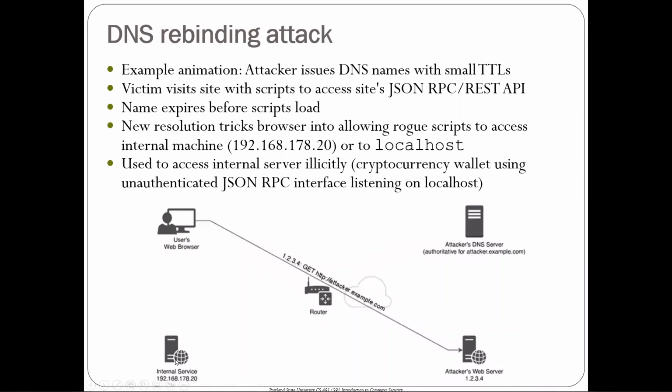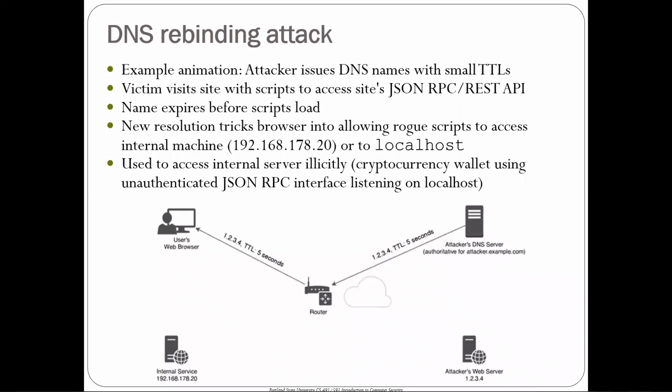This internal service could be a server listening on localhost. Remember when we said your localhost listening is meant for things that you don't want public people to access? If you do this rebinding attack, the browser is thinking it's going externally, but it's actually connecting to a local service, and you're revealing what that localhost service is exposing.